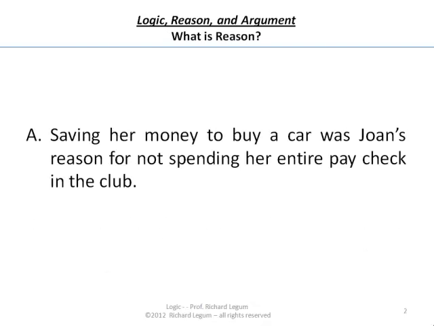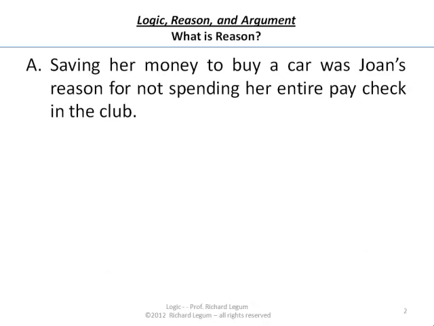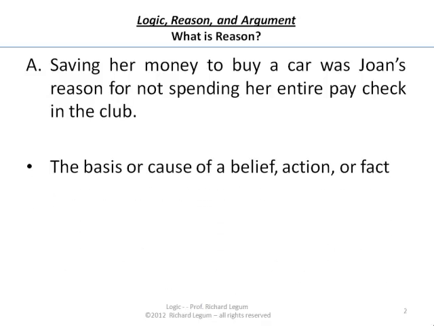If we take a look at the first one, saving her money to buy a car was Joan's reason for not spending her entire paycheck in the club. Reason in that sentence is expressing the basis or the cause of her belief, action, or fact. In this case, her action, her not spending her entire paycheck.